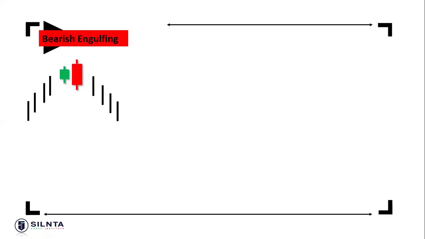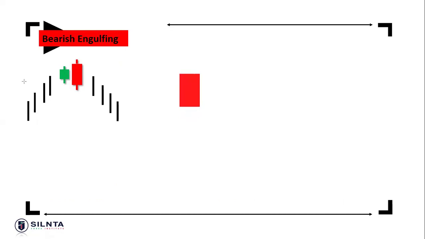Then we have a bullish engulfing. What is an engulfing? Before we get to that, an engulfing operates in this way. Let's say you have a candle that was going down, maybe red, like this.